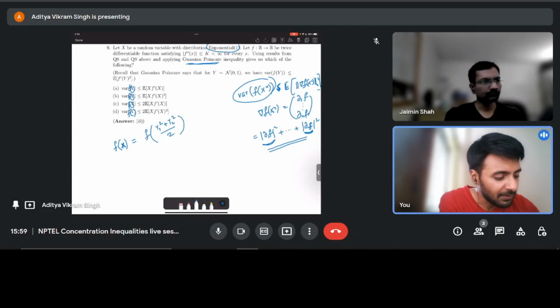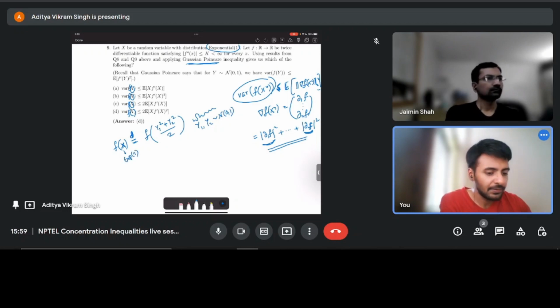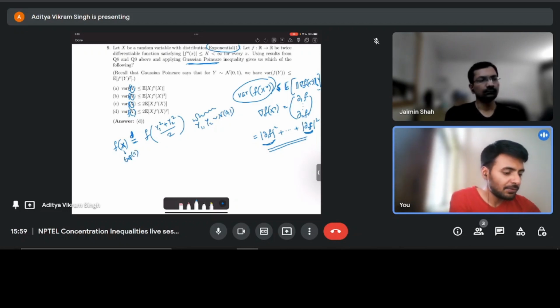These two are not equal; they are equal in distribution, where y1 and y2 are normal random variables and X is an exponential random variable. So f(X) is the same as f((y1² + y2²)/2) in distribution.